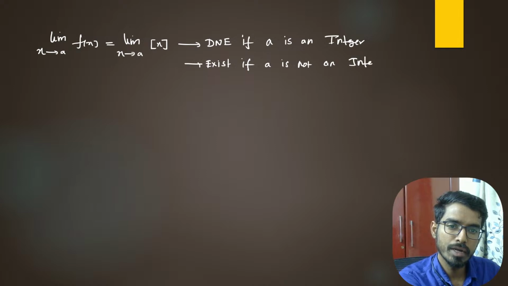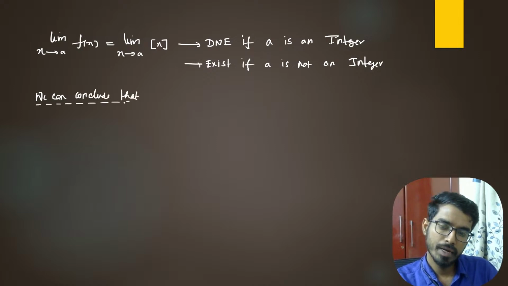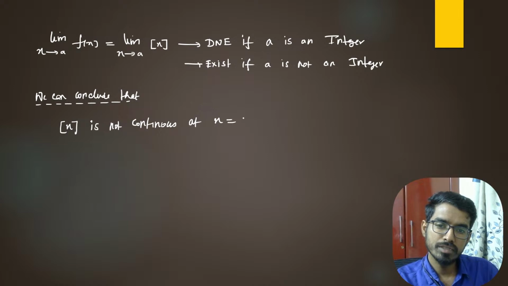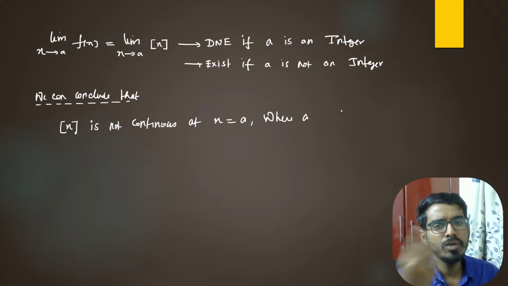We can conclude that f is not continuous at x equal to a, where a is an integer, because the limit itself does not exist at that point. How can it be continuous? The limit exists and has to be equal to f of a, then only it is continuous.